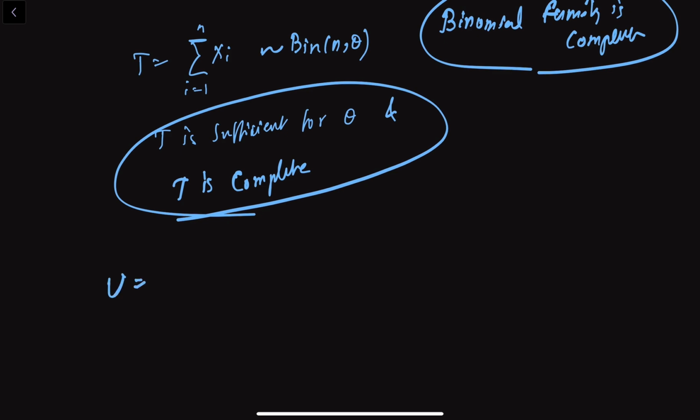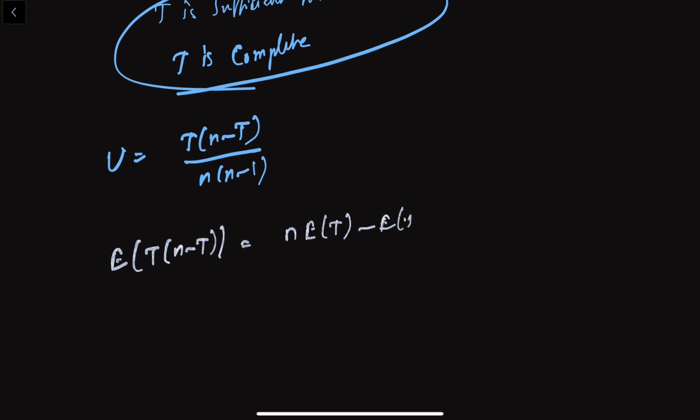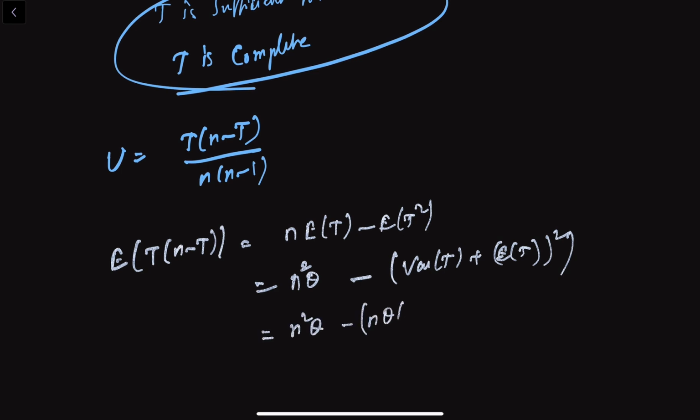Let U be T into n minus T by n into n minus 1. If I find the expectation of T into n minus T, that is n into the expectation of T minus the expectation of T square. We know the expectation of T is n theta, so this is n square theta, minus the expectation of T square, which is the variance of T plus the expectation of T whole square. That is n square theta minus n theta into 1 minus theta plus n square theta square.